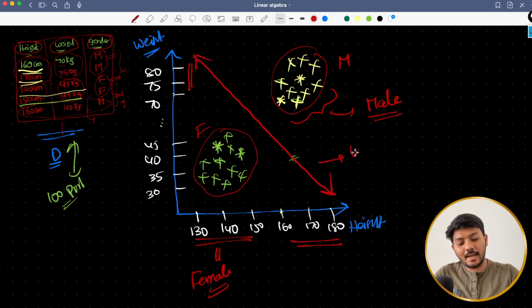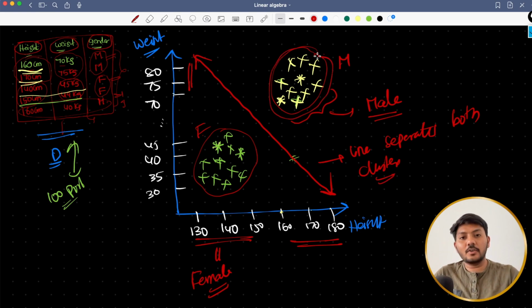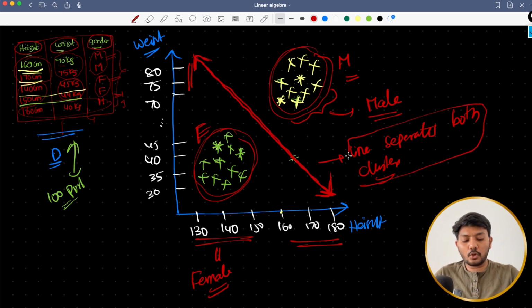So this is a line which separates both clusters. This is cluster 1 which is male and cluster 2 which is female, and I am able to draw a line which can separate both of these clusters. Is that clear? If you have any queries, please let me know in the comment section below.